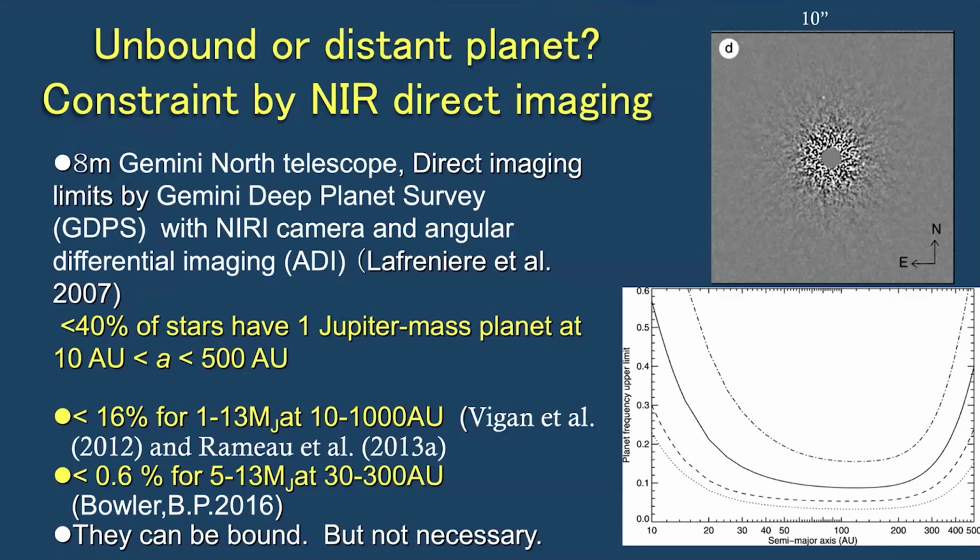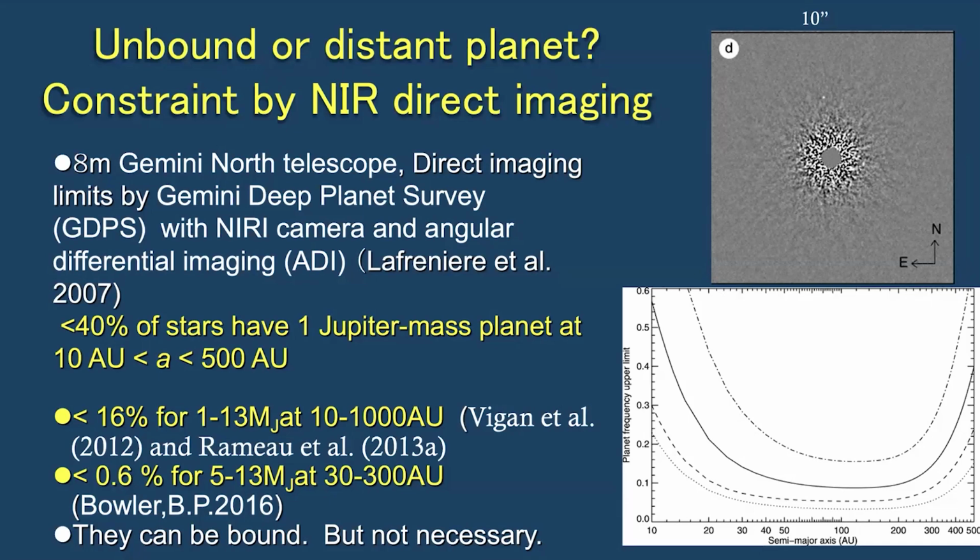Another way of constraining wide orbits is traditionally near-infrared direct imaging by 8-meter class ground telescopes. For example, the Gemini Deep Planet Survey put a constraint of less than 40% of stars having a one Jupiter mass planet at 10 to 500 AU.